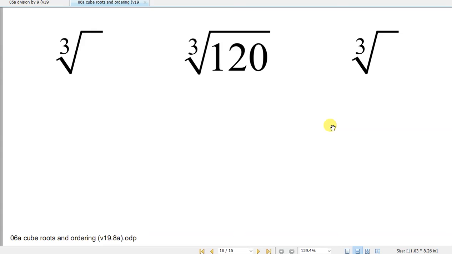Let me get those neighborhoods ready to go. 120, let's see. Well, I know 125. This is in the same neighborhood, isn't it? This is 125 and 64. It's between 4 and 5 again, isn't it? But this time it's a lot closer to the 5. So let's put it at about maybe a 4.9.